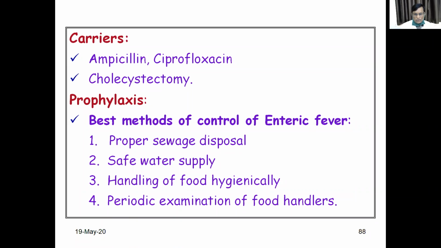Now, here I want to remind you, when you are going for a fruit juice to your roadside vendors who sell these fruit juices, they use ice which is not properly sterilized and not made with sterilized water.